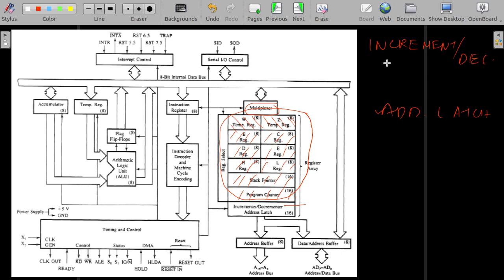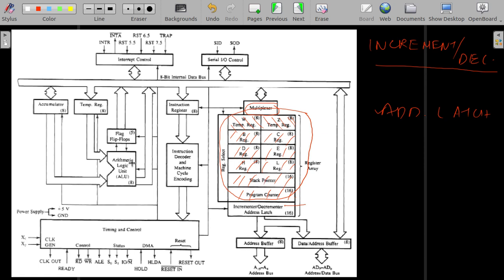The increment/decrement part here is usually used to increment the program counter, right? Because every time an instruction is executed, you have to increment the program counter. Also, with the stack pointer, pushing and popping happen, so you have to increment and decrement the stack pointer.